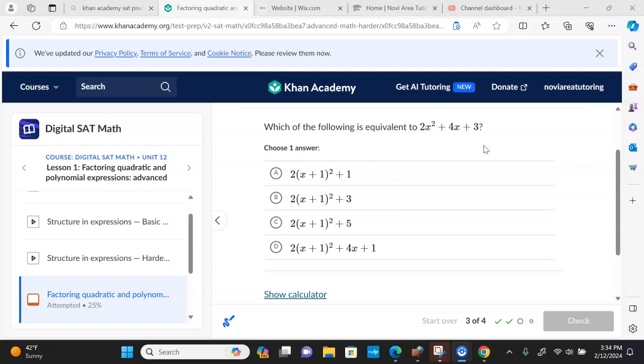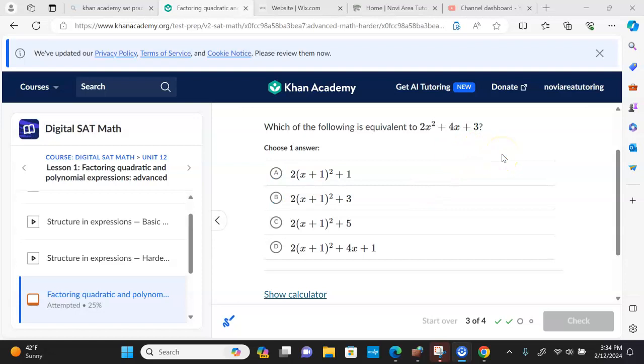So I think the way you want to approach this problem, instead of trying to factor the original and seeing which one it comes out to be, or taking the answers and multiplying them out to see which one's equivalent, it's easier just to plug in simple x values, and either eliminate answer choices, or you might get lucky the first time you enter in a value and eliminate it down to the correct answer. If we plug the same x value into the original and the answer choices, we should yield the same values.